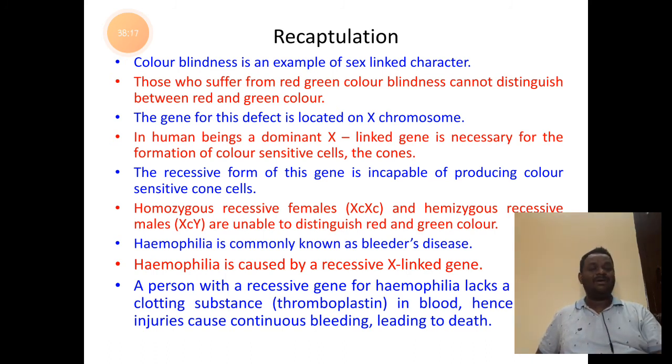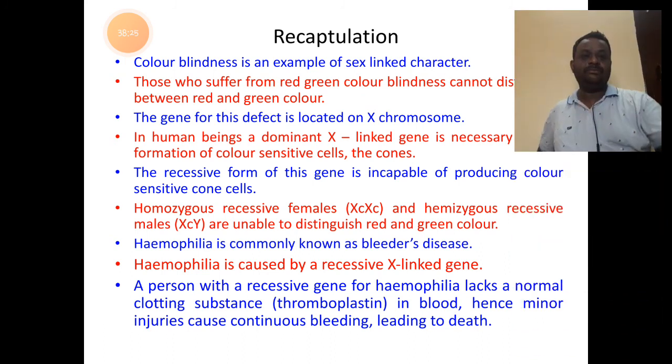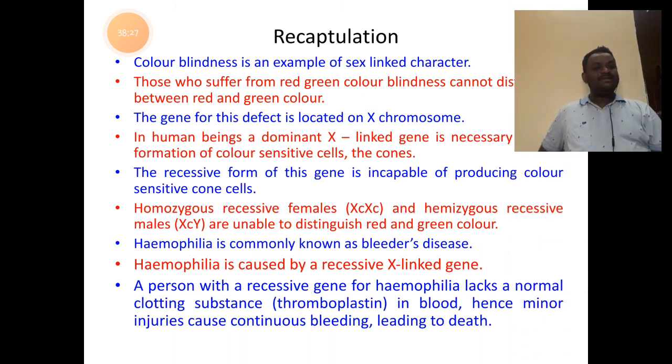Because of a recessive gene on the X chromosome, they fail to synthesize these sensitive cone cells. Homozygous recessive females and hemizygous recessive males will show the disease of red-green color deficiency.